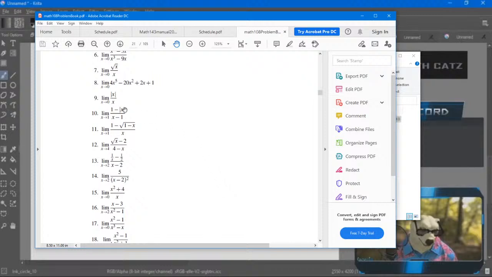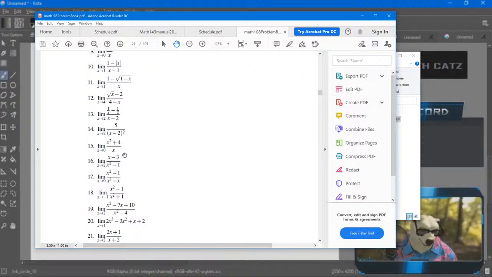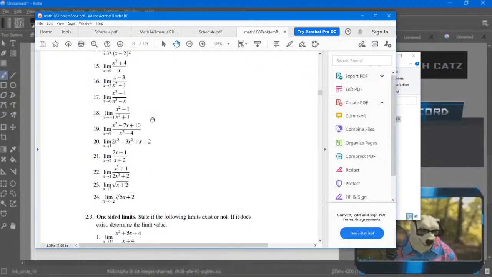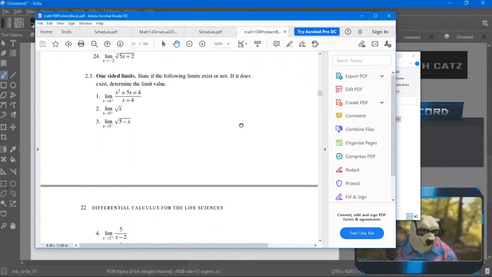Maybe leave out these absolute values just a little bit. They are tricky and Monday would help for them. Just normal functions, square roots, rational functions, the common functions.